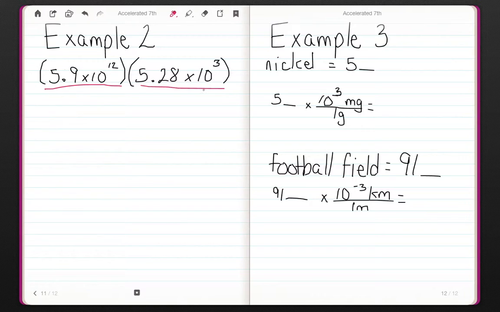How many feet are in a light year? So I need to multiply the number of feet times the number of miles. So I'm going to use the same commutative property and associative property, and I'm going to group 5.9 and 5.28 together.